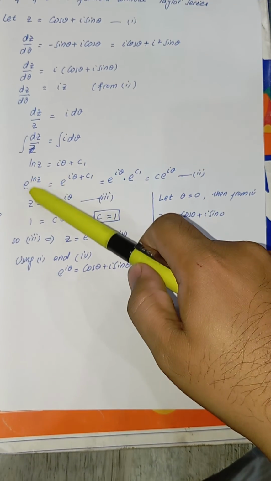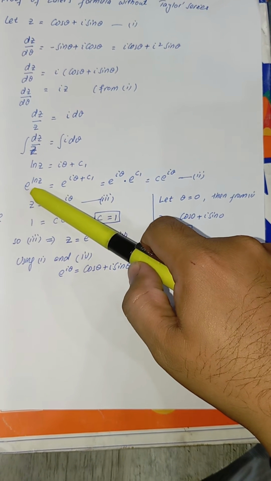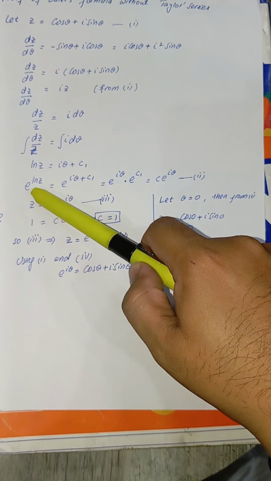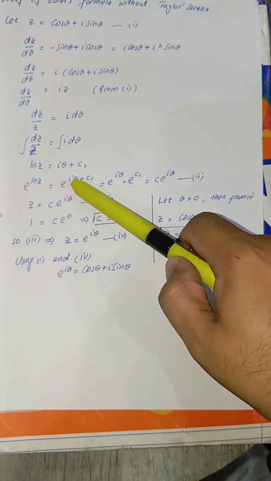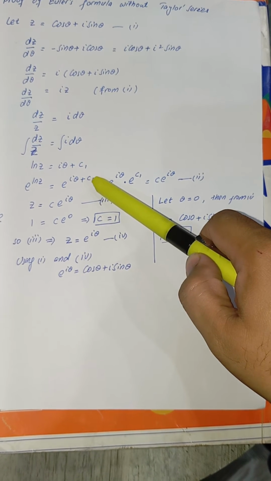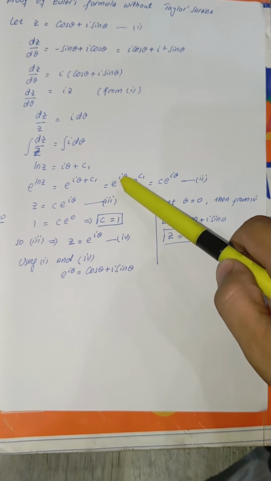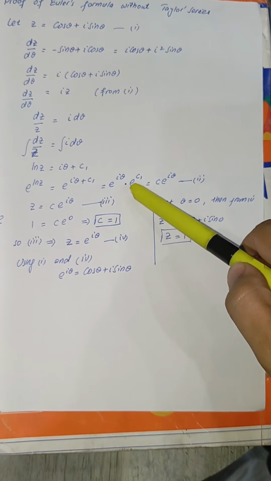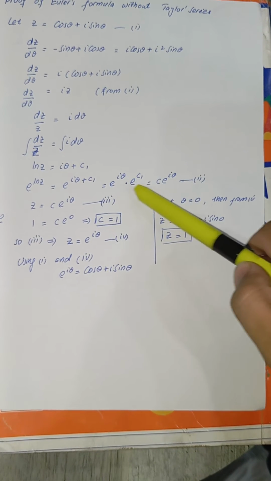In the next step, taking exponential function on both sides, it becomes exponential ln z is equal to exponential of iota theta plus c1, which can be written as exponential of iota theta into exponential of c1, which is also a constant, say c.